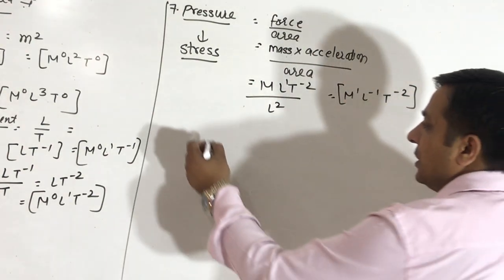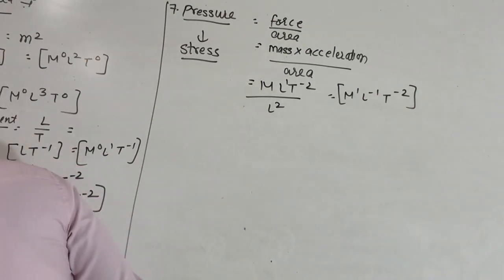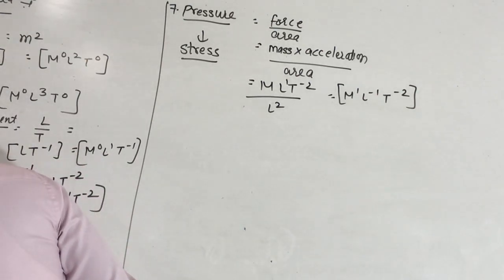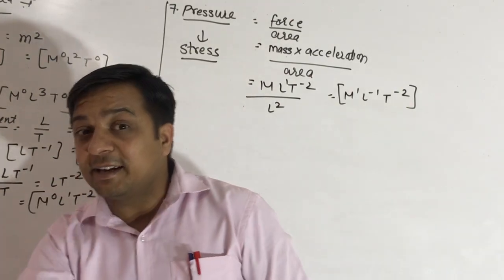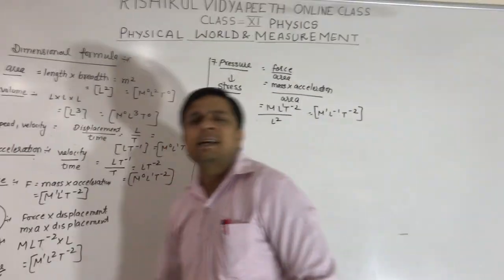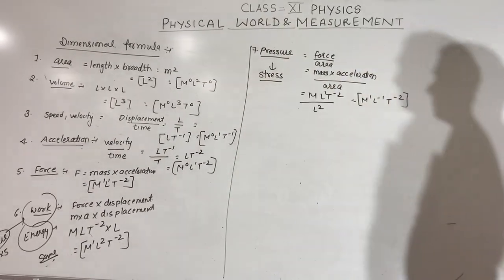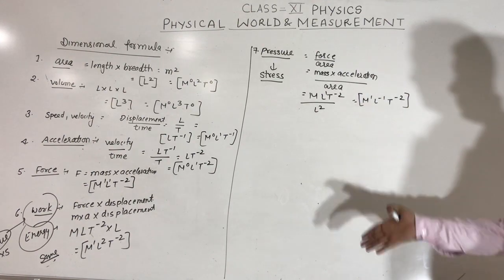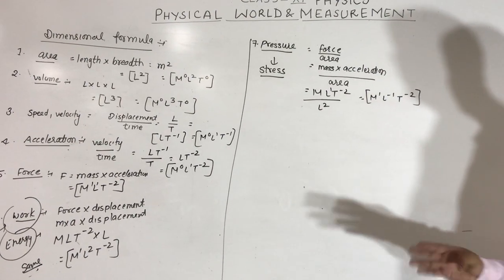Now torque, simply force into perpendicular distance, and the torque has the same formula as work and energy. Force into perpendicular distance, rotational force, rotational motion. Right? So these are the quantities you will have to remember. Pressure and stress have the same formula.